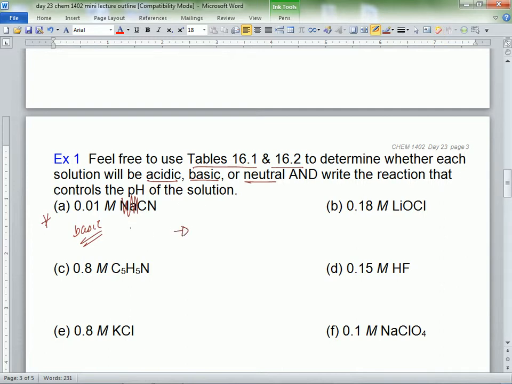Leave the spectator ions out. Just leave the sodium out. How do you write a Kb reaction? The conjugate base plus H2O gives hydroxide and the conjugate acid.